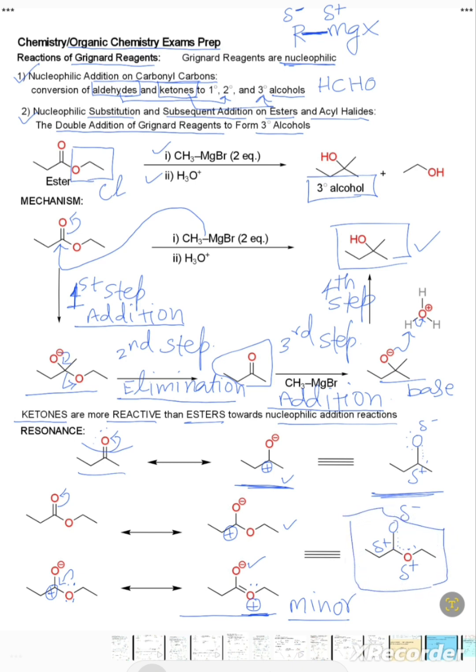If you see this resonance hybrid, it clearly shows that the positive charge is not concentrated on the carbon only, as it is in the case of ketones. The positive charge is spread out throughout the molecule, especially a part of it is also on the oxygen of the ethoxy group in the ester. That's the reason it's not very electrophilic. It is less electrophilic than the ketone, and that's the reason that ketones are even more reactive than esters towards nucleophilic additions.